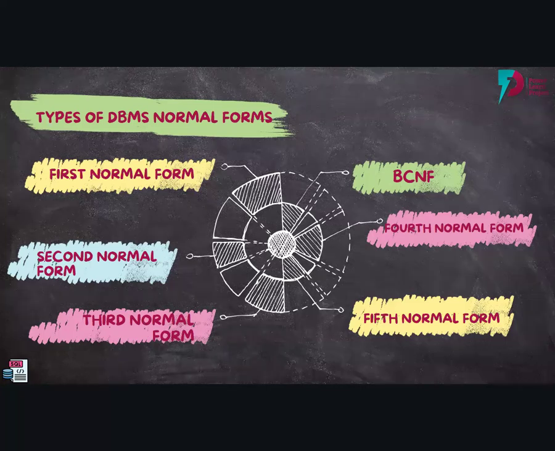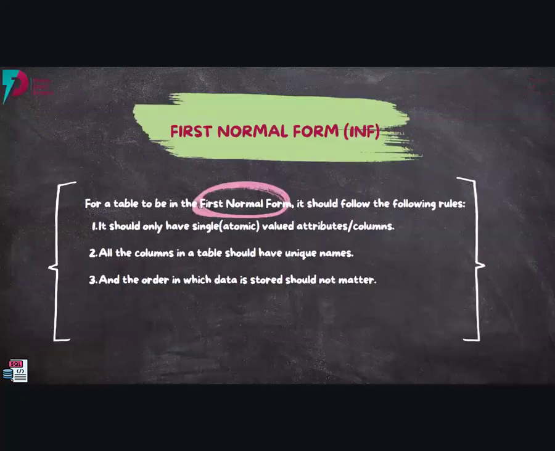We have the Boyce-Codd normal form. This is a more strict version of 3NF that addresses additional anomalies, okay? We also have the fourth normal form, which is used to manage complex relationships. And finally, the fifth normal form is for managing what you call complex joins. Simple as that. So let's start with the first normal form.